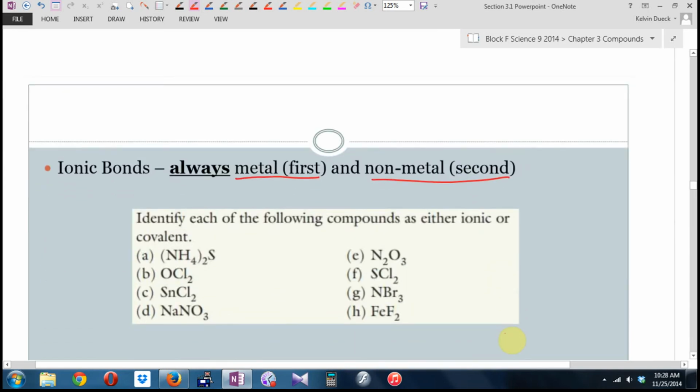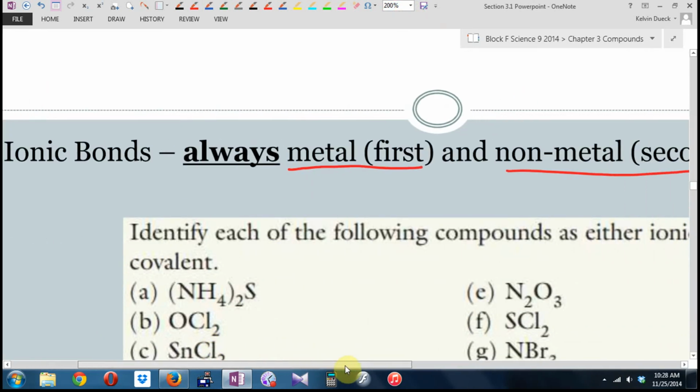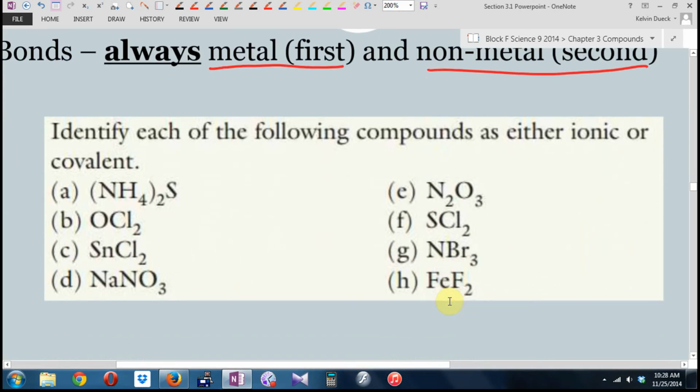So let's identify each of these, we're just going to do this together. I didn't include it in your notes, just look up. Identify each of the following compounds as ionic or covalent. I'm going to skip A for a second. How about I for ionic? What would be a good letter to use for covalent? C. So look at B. What's the O?